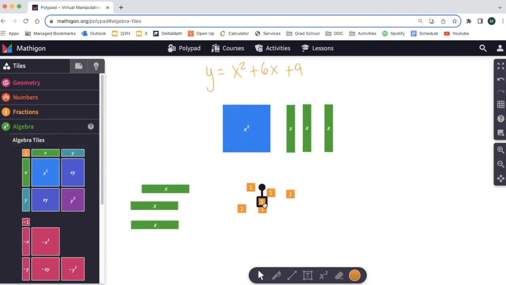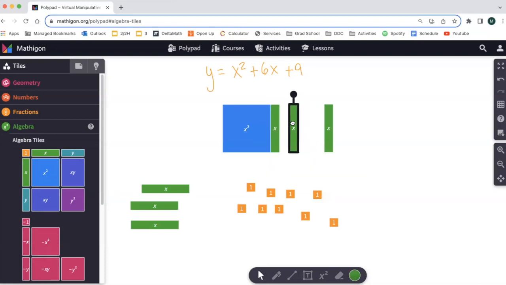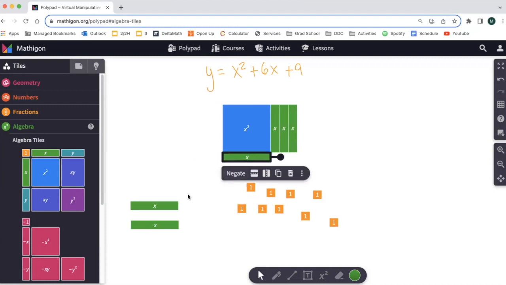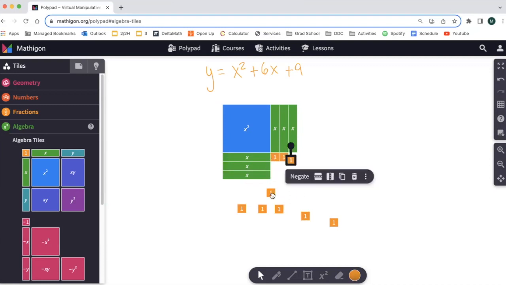With this creation, our goal is to create a square, hence completing the square. So with that, we can start to move around these x's and these x squareds till we have a square. And we can see how these work all together, and all of the side lengths are exactly the same.